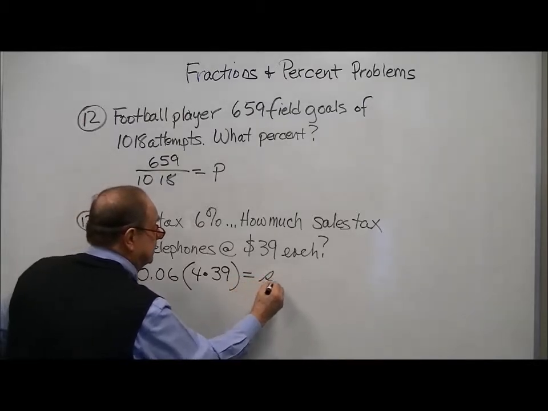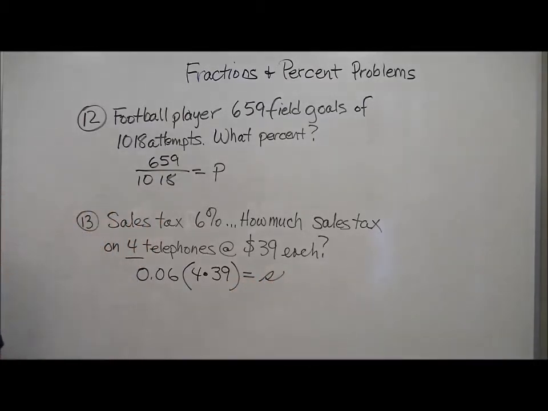This will give you the sales tax. So again, some of these problems are very basic, but hopefully by getting some basic equations set up and a strategy for solving them, this will be useful.